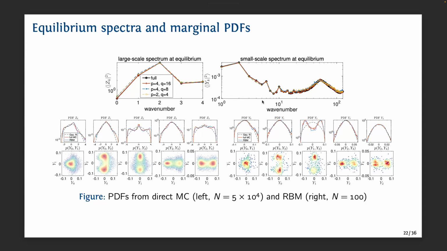That is, we just need to take four modes in the large scale and 16, 8, or 4 in the smaller scale, and do the random batch prediction. The first row is the energy spectrum, that is, the variance of each mode in large and smaller scales, and they have consistent recovery of the spectrum. And you see here this bump is the internal instability for the system.